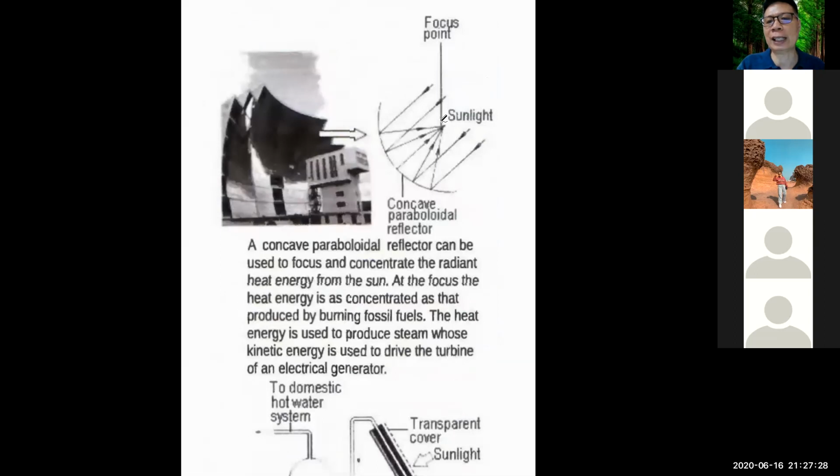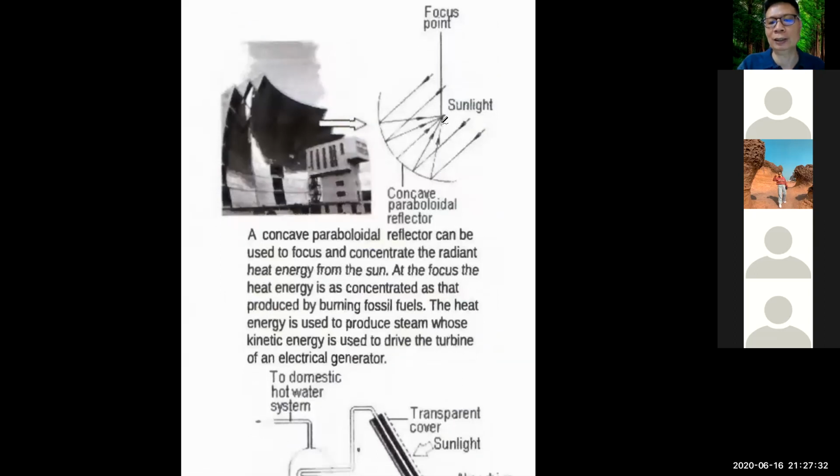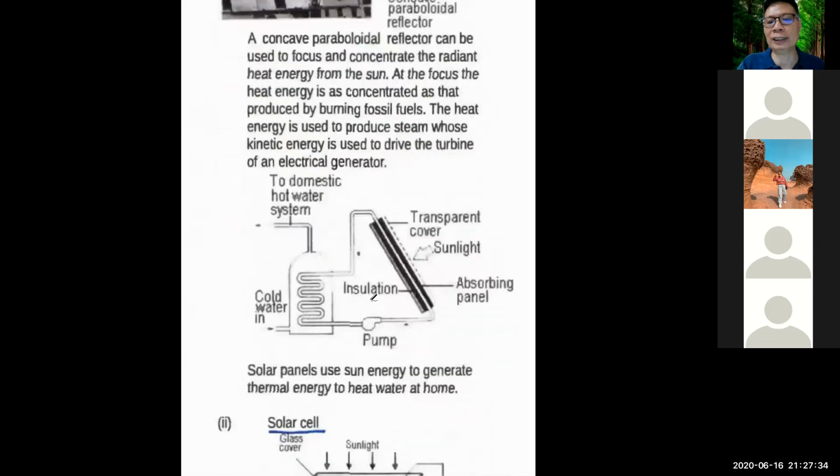When you focus the sunlight here, it becomes very hot. You can heat up the water, okay? When the water heats up, then you see this diagram. You can use it to boil water here. This is absorbing the sunlight, so this thing becomes hot, right?